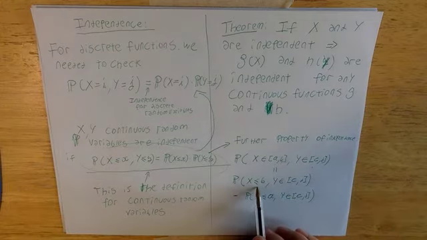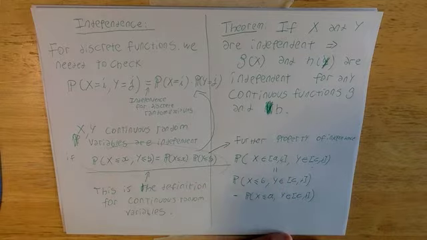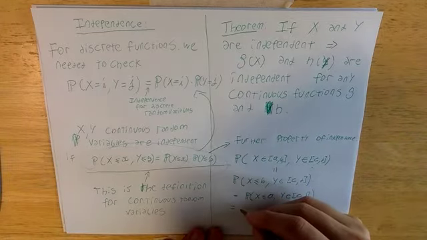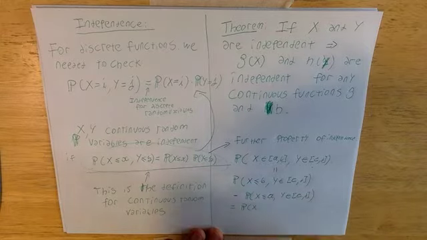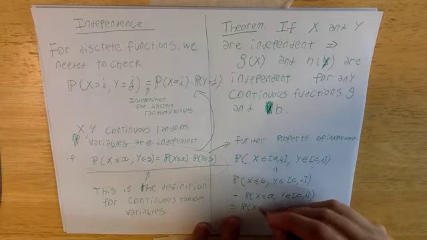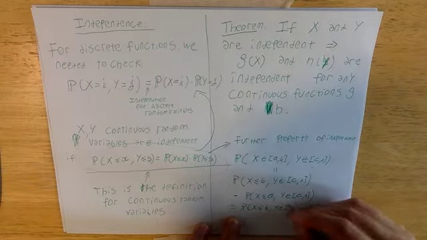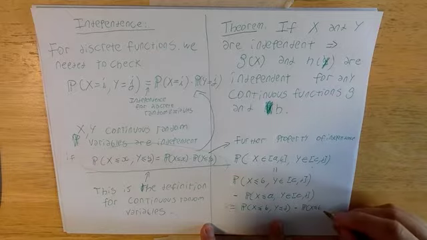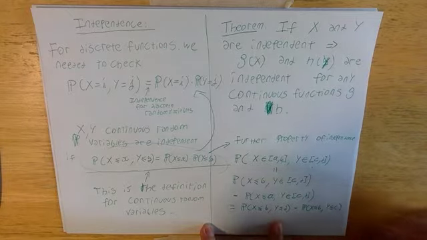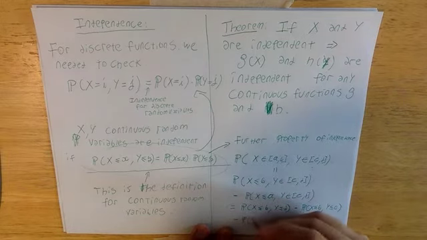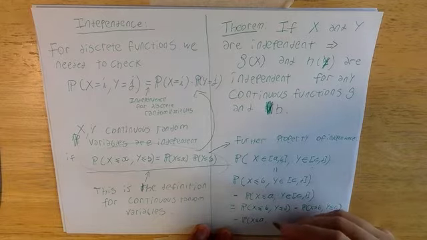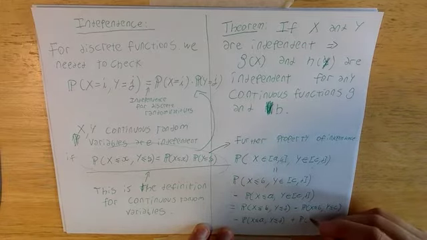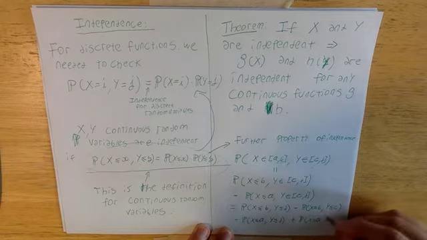This is the probability of X less or equal than b times the probability that Y is in this set. Again, we can use the law of total probability: this is equal to the probability that X is less or equal than b and Y is less or equal than d, minus the probability that X is less or equal than b and Y is less or equal than c, and similarly for this term, minus the probability that X is less than a and Y is less than d, plus the probability that X is less than a and Y is less than c.